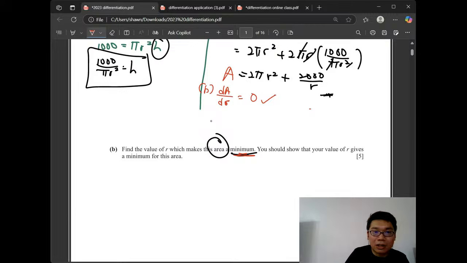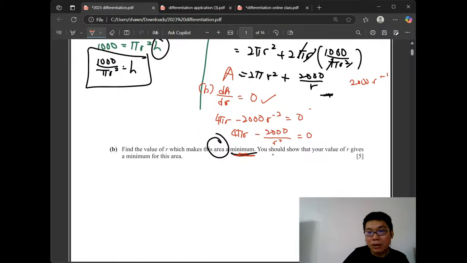So we need to differentiate this to become 4 pi r. Here we do adjustment. So that's the power through front, power minus 1. Anything that has negative power, we throw down. Then we remove the denominator. The only denominator is r squared. So the whole thing times r squared becomes 4 pi r cubed minus 2000.